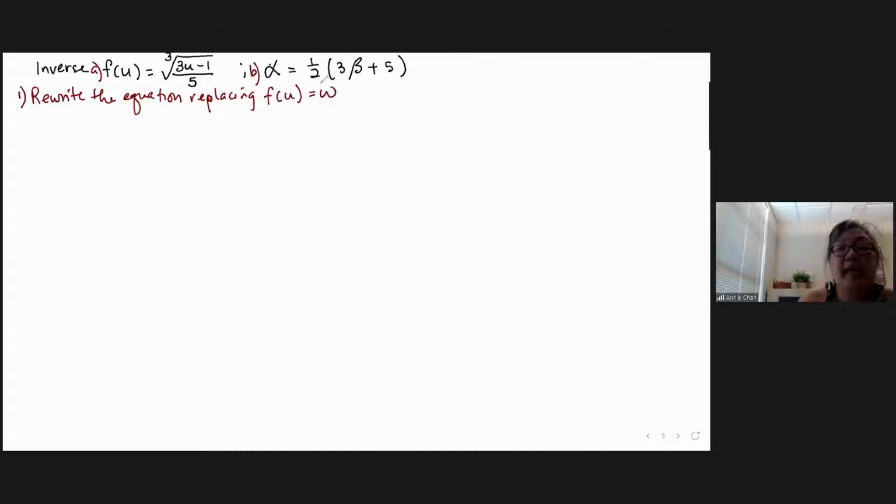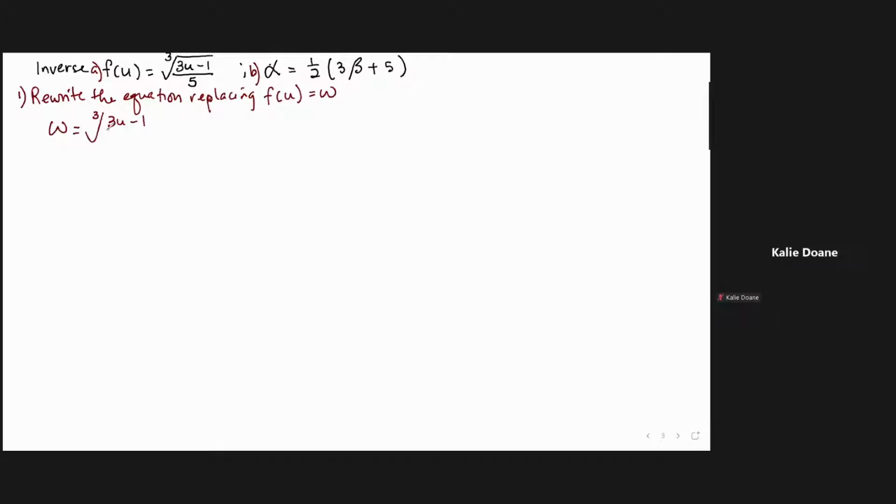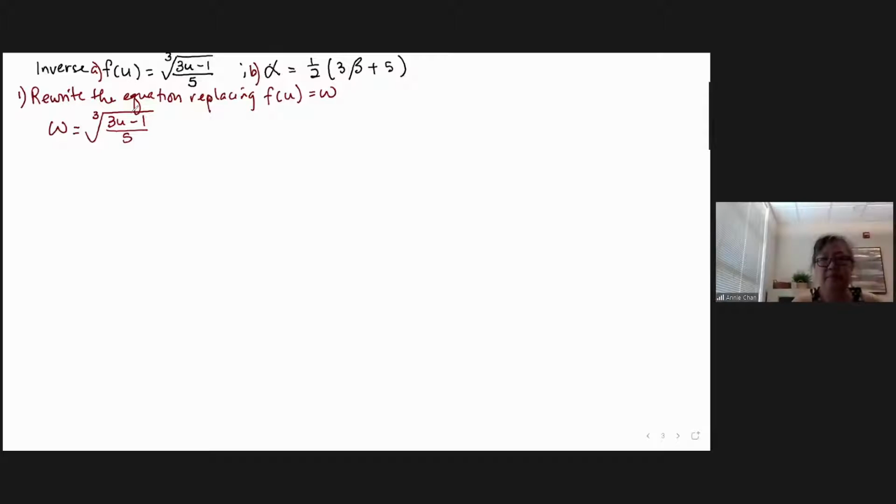You can choose any variable. You can have it as Y, no problem, okay? So I have to rewrite the equation like this first. So W equals square root of 3u minus 1 over 5. Okay? Why do I need to do it this way? Why can't I start working using the function form?